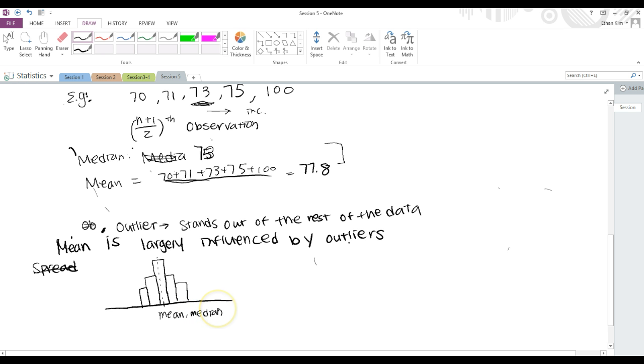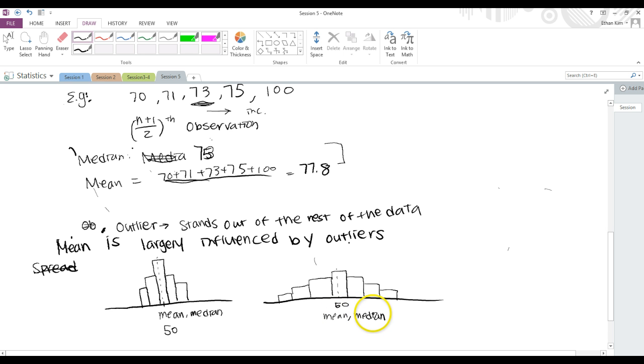We will discuss why that is the case later on. For spread, let's just give it a number. Say this is 50, and there is another histogram that looks like this, and say this is the mean, which is also 50.